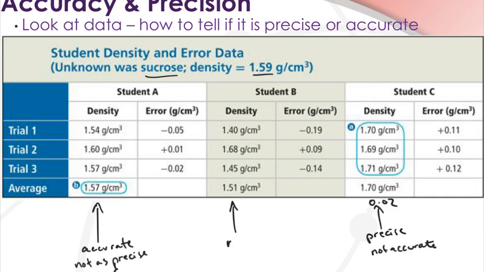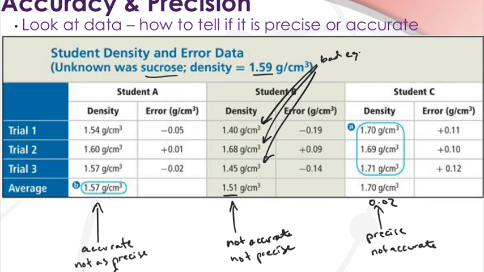This is not accurate. It's at 1.51, not accurate, and it's not precise. The trials are all over the place. Student B either has really bad equipment, so that's what this is telling you here, or bad lab technique, meaning that they're not doing the same thing every time. They keep changing up ever so slightly what they're doing.